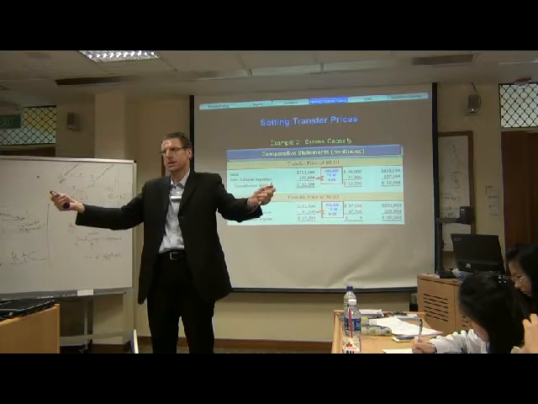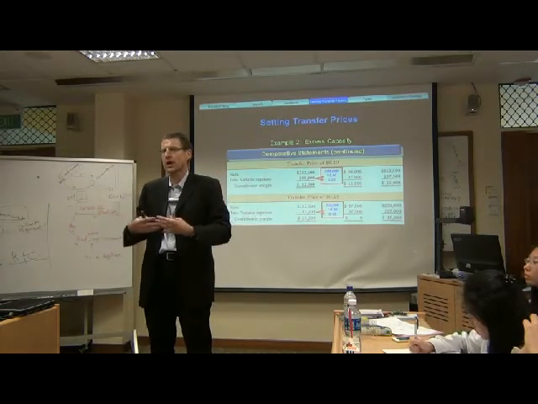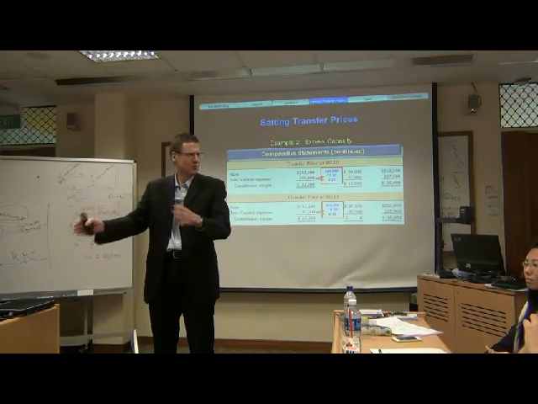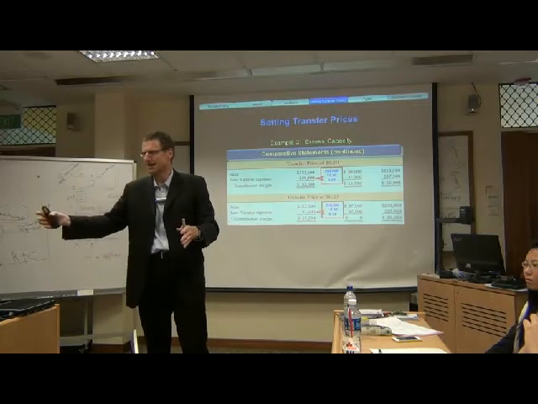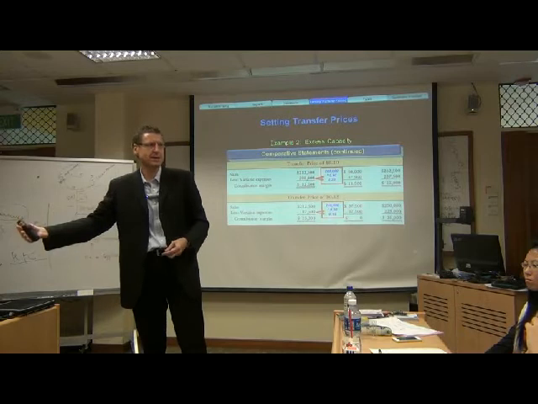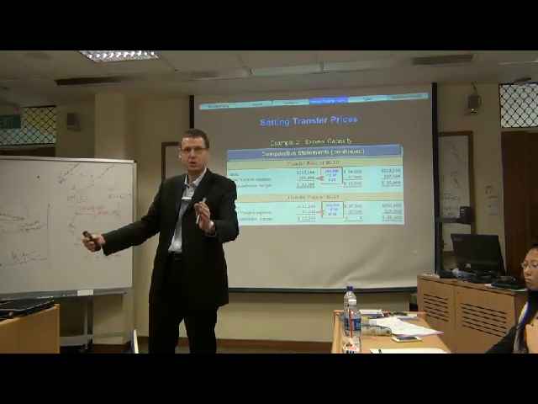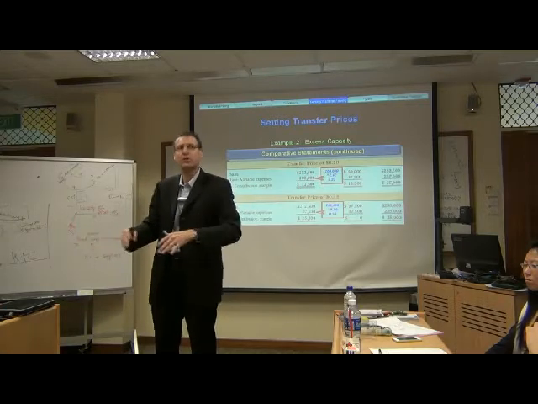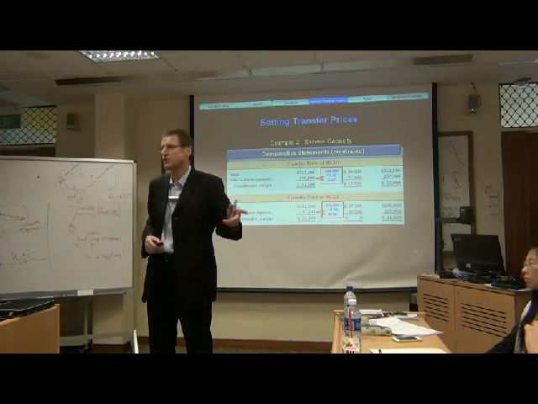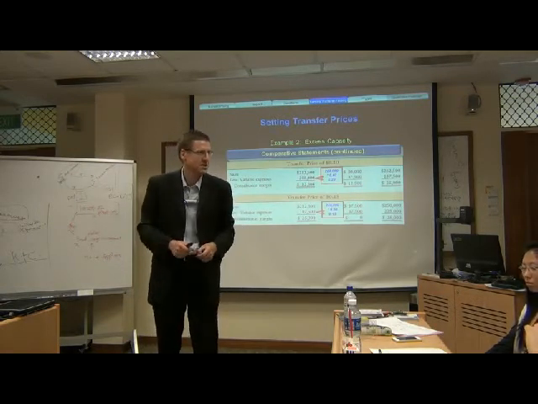All right, so what you need to know in these exercises when you've got a transfer pricing problem, okay, is what is this range? What is the maximum amount that the division paying for the transfer is expected to pay? What's the minimum they should pay in order to be acceptable to the other division? You played the game in class, and one group was prepared to actually sell for much lower than what their cost is, right?